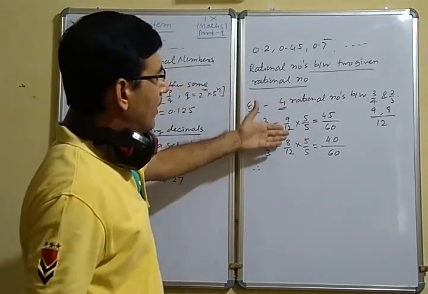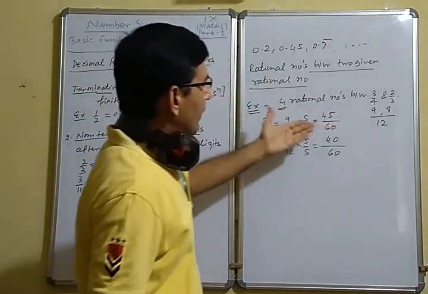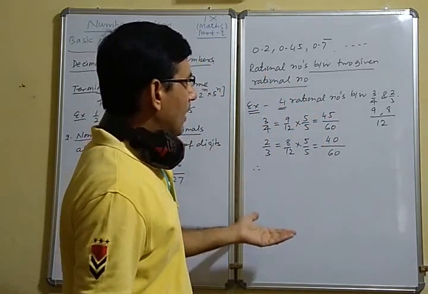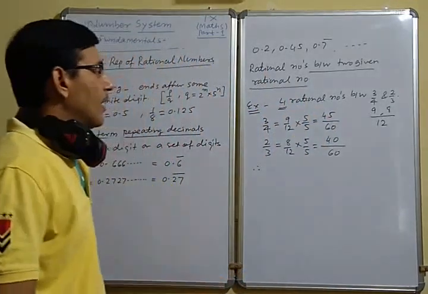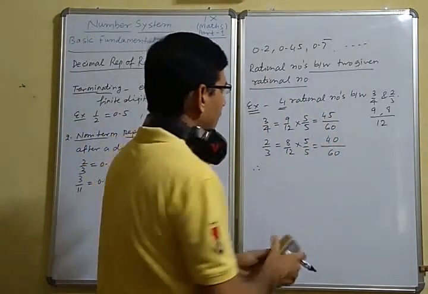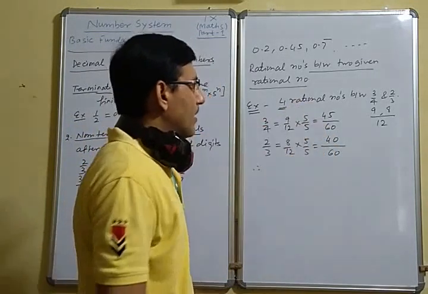Here we can multiply by more than 5, that is 6, 7, 8, up to 10. Whatever you want, you can do the multiplication and you will get a lot of rational numbers. So here now we have 40 by 60 and second one is 45 by 60.